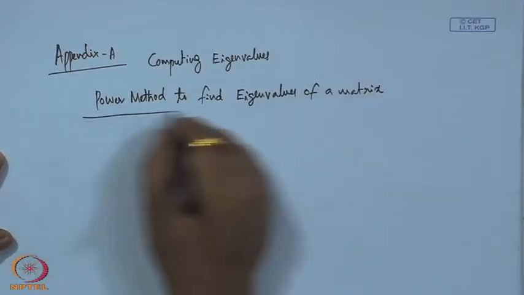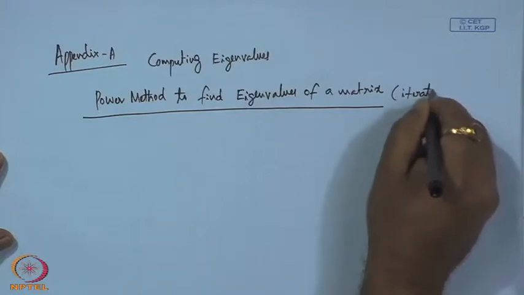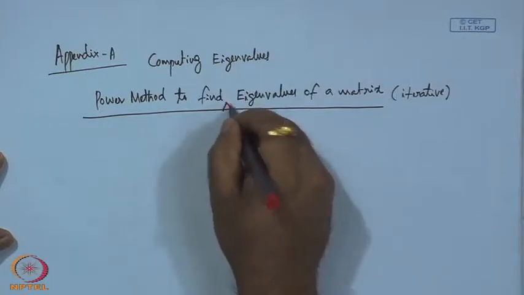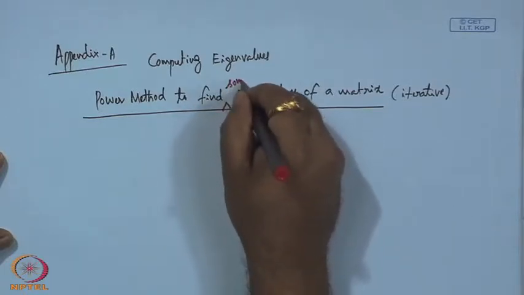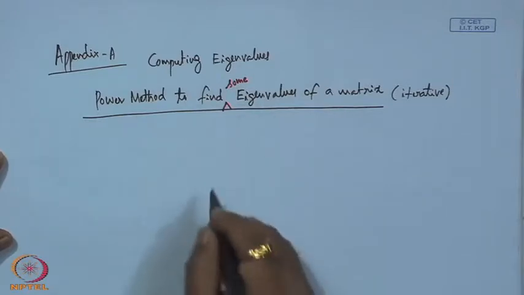Okay. Of course, this is iterative. Then when I say eigenvalues of a matrix, we should put some, because we can get only some of them.